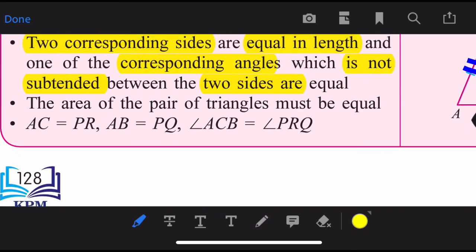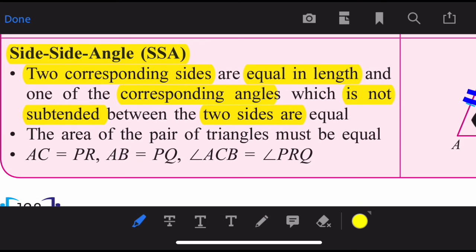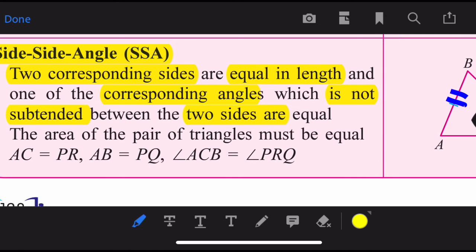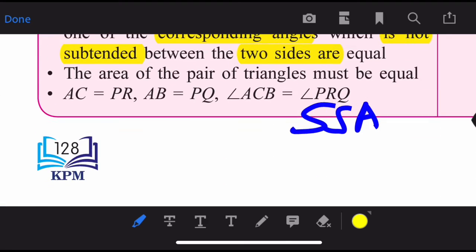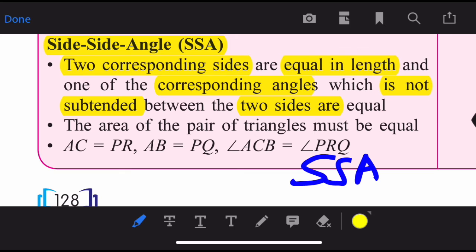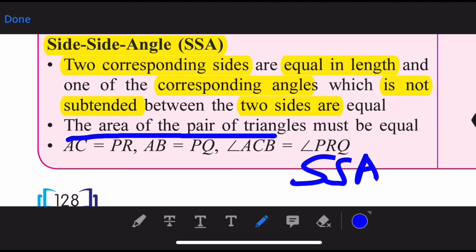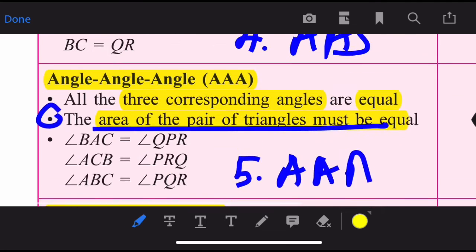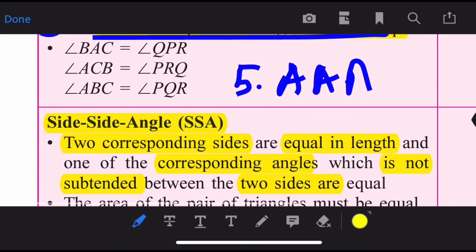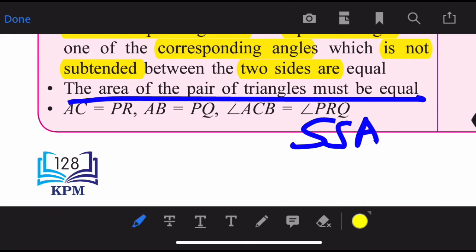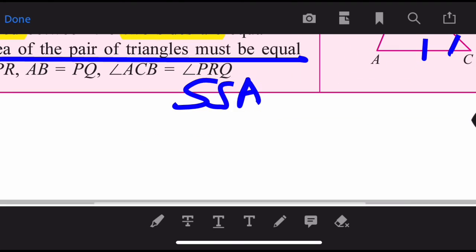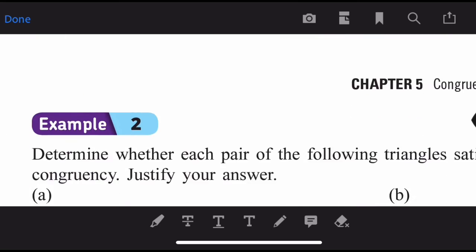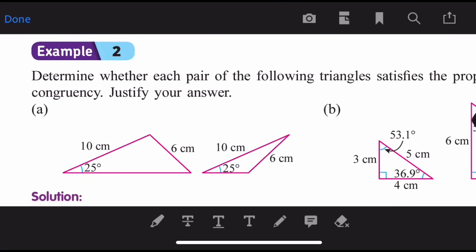And finally, we have side, side, angle, right? For side, side, angle, the condition applied is that the area of the pair must be equal, the same as just now with angle, angle, angle. For these two, there is an extra condition: the area of the pair of triangles must be equal, then only are they congruent. So we have 6 situations, right?